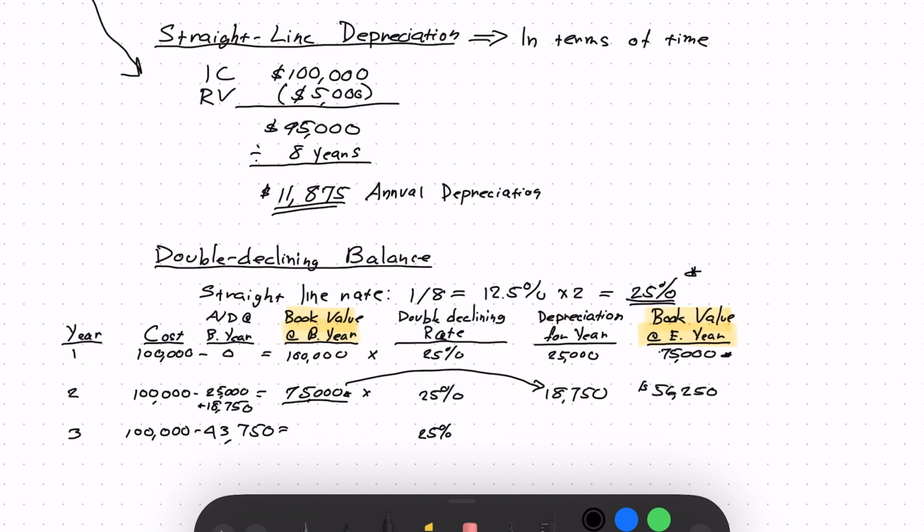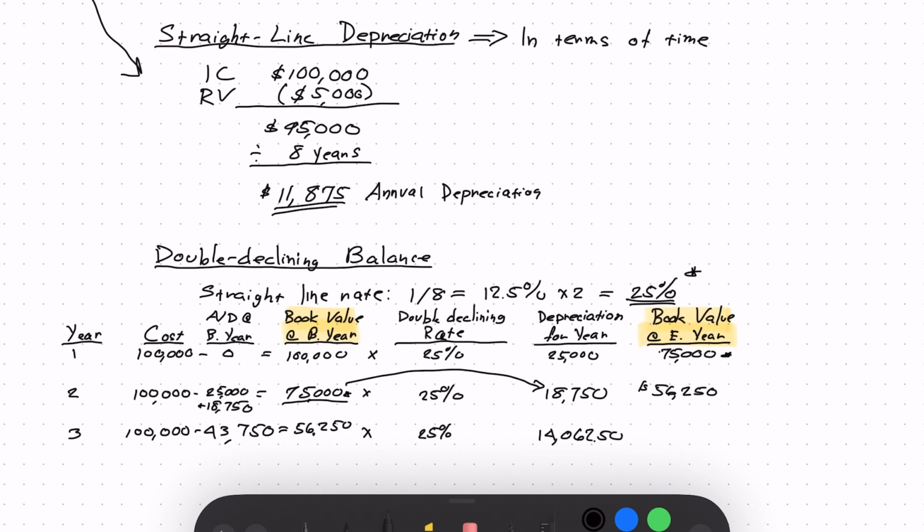Again, following our same process, we will take our $100,000 and subtract the $43,750 from it, which is going to give us $56,250. We're going to take that $56,250, again, multiply it by our double declining rate of 25%, and our depreciation for year three will be $14,062.50.